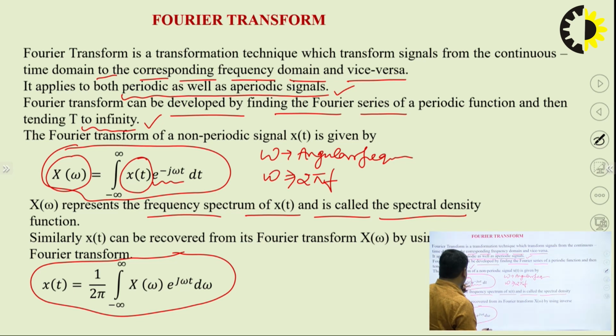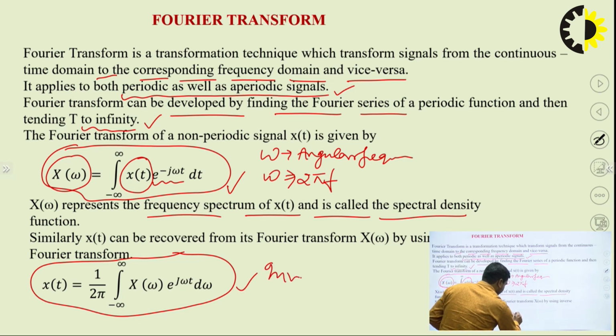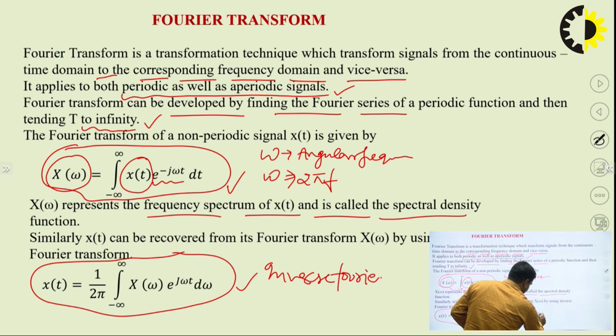You can see there are some similarities in the expressions: here it is X(omega) e to the power j omega t d omega, and here it is x(t) e to the power minus j omega t dt. So this is for the Fourier transform, and this is for the inverse Fourier transform.